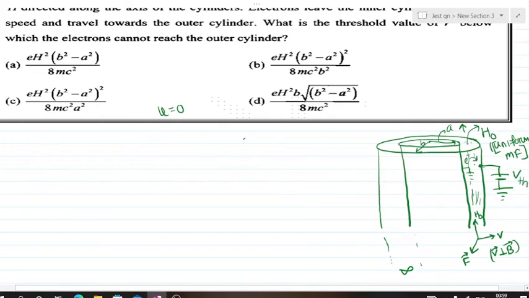This is a mixture of EMT plus classical mechanics. This is a little bit lengthy question. Okay, let's start the solution.